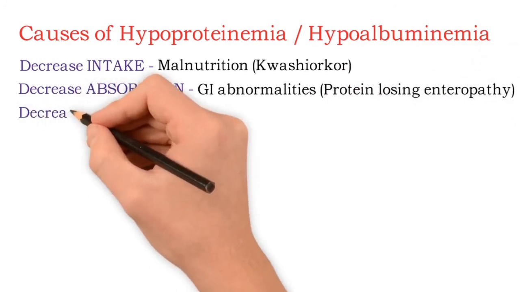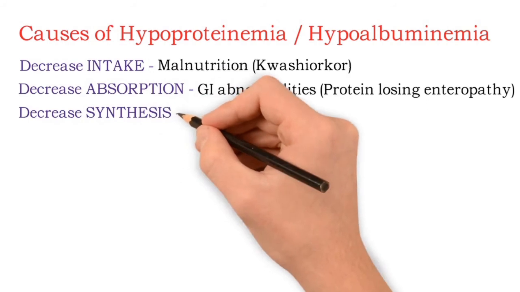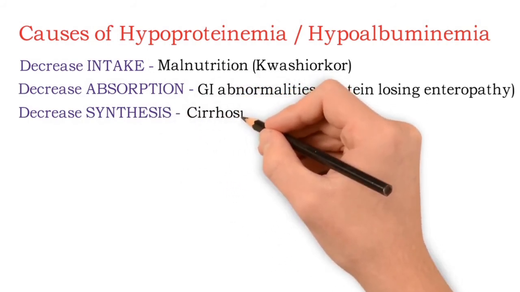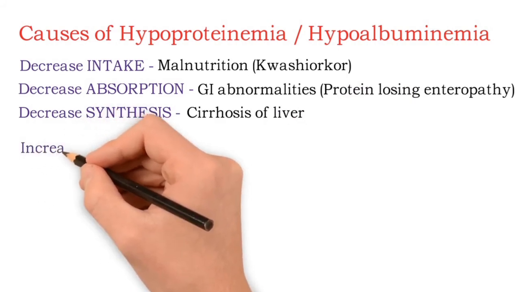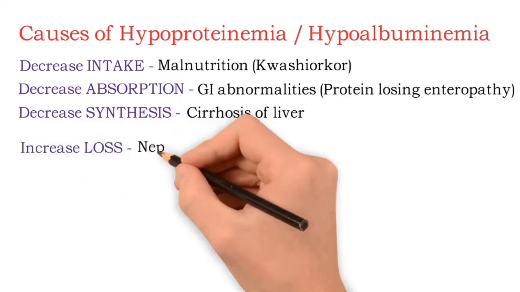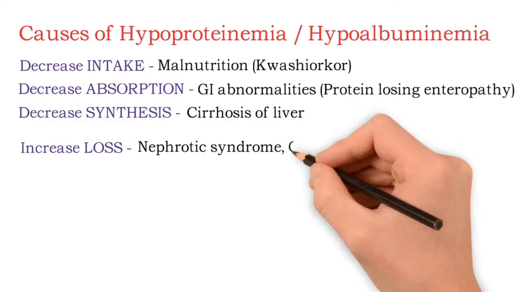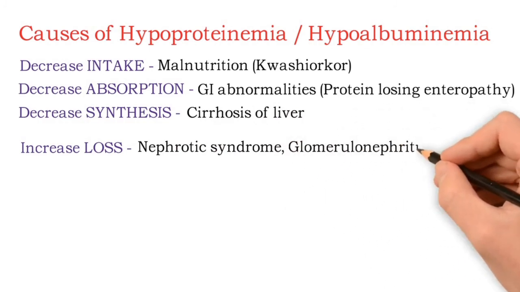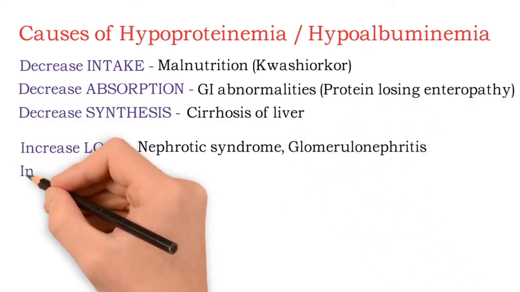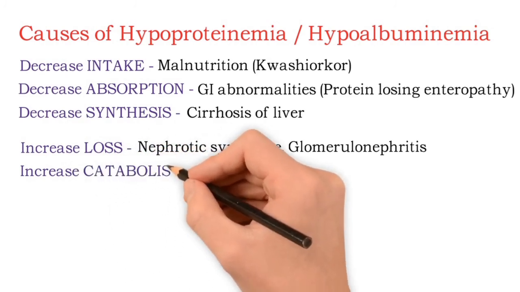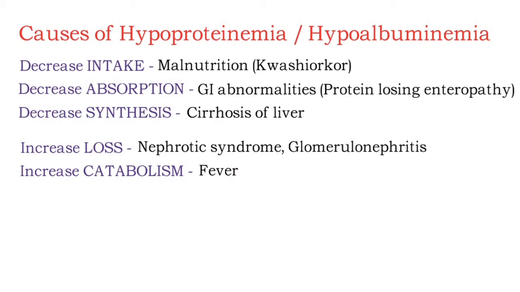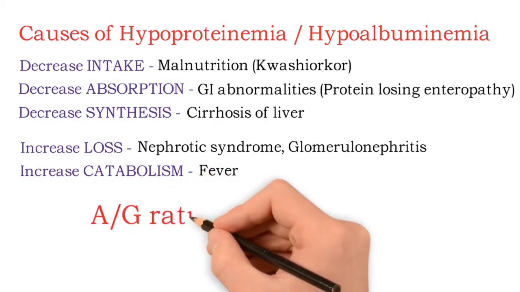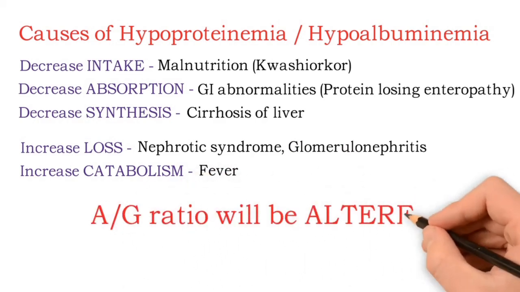Third is decreased synthesis of plasma protein, which is mainly due to defect in liver, cirrhosis of liver. Fourth is increased loss of proteins, that may be due to nephrotic syndrome, glomerulonephritis. And last, increased catabolism of proteins, which may be seen in fever. In all the above conditions, AG ratio will be altered.